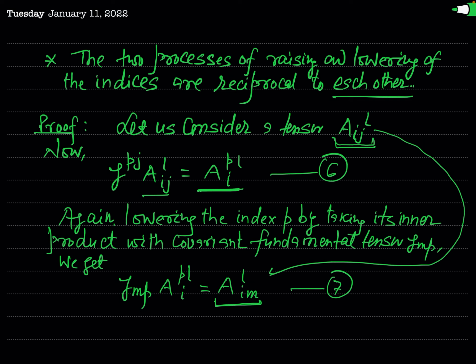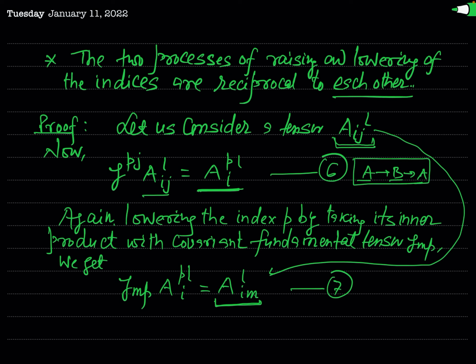It means for simplicity, let us say by the operation of raising of index on tensor A, you get a tensor B. It means raising index operation is performed on A and you get B. And when lowering index operation is performed on B, then you again get A. This is the meaning.